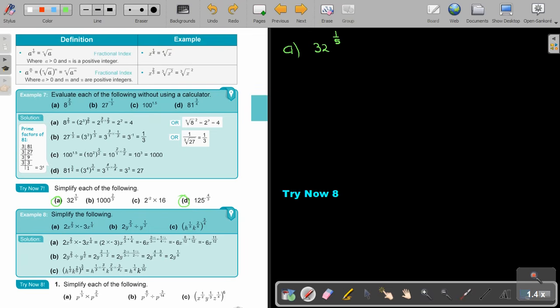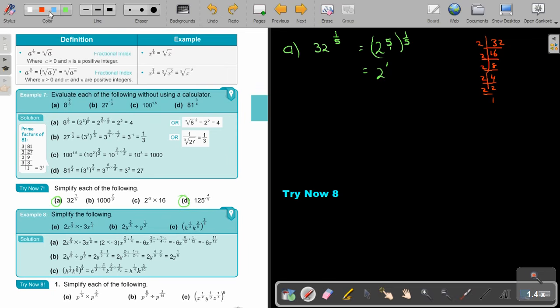In this case, I'm just going to say prime factors, always remember. So take your 32, break it up, take your prime numbers: 16, 2, 8, 2, 4, 2, 2, 2, 1. Sometimes you already know it, and then you can just write it down. It's 2 to the power of 5. And if I multiply it, then this is 1 over 5, it's 5 over 5, it's 1. So the final answer is 2.